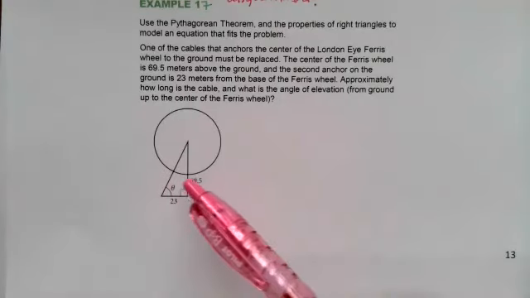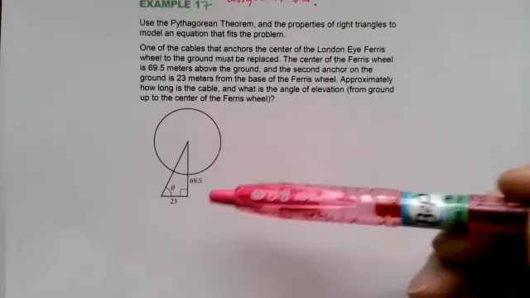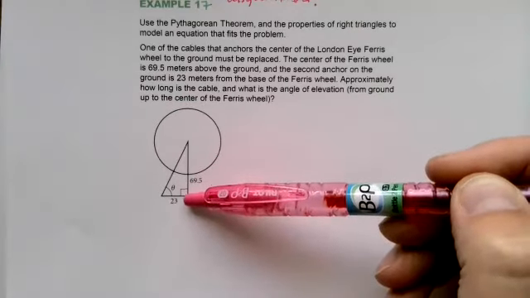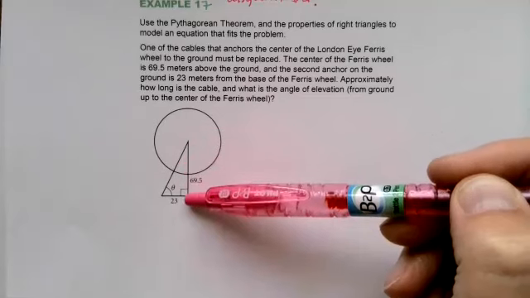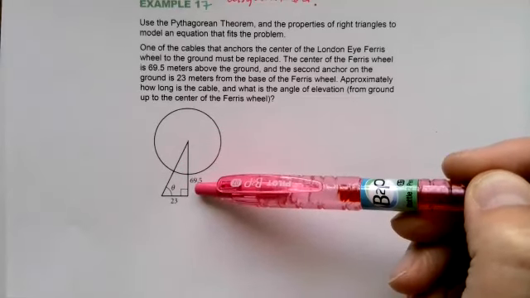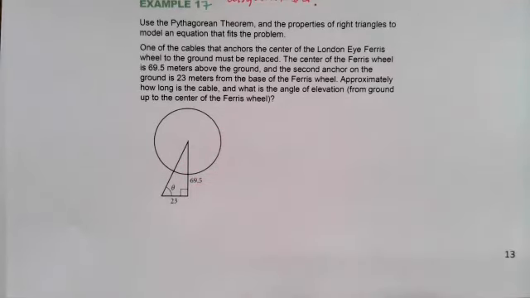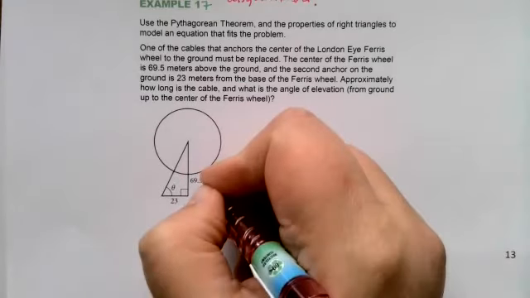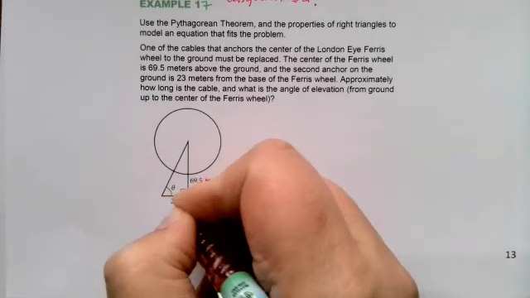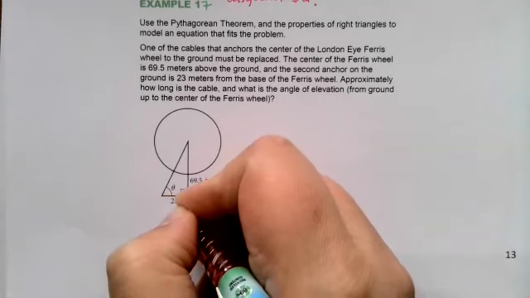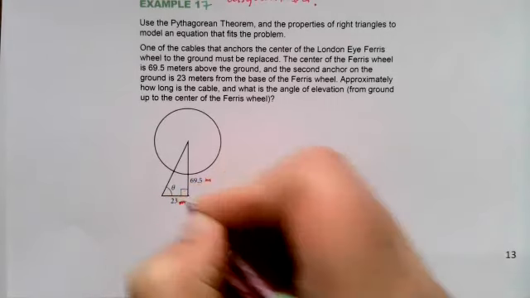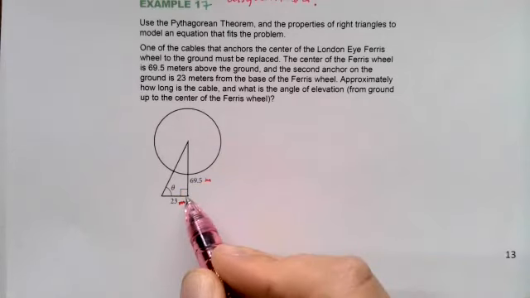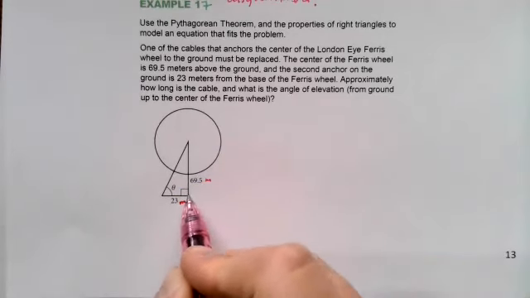So here's the picture. This is our Ferris wheel. The height perpendicular to the ground is 69.5 meters, right? And this cable is fixed 23 meters away from this point.